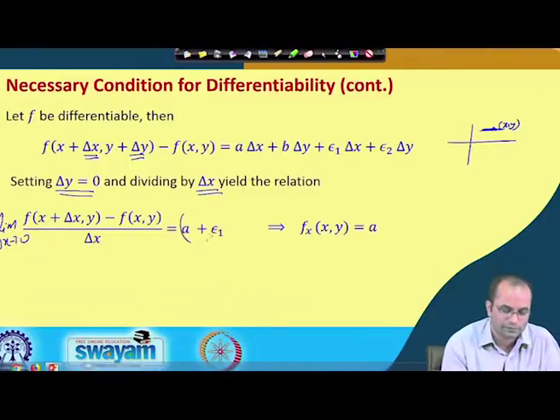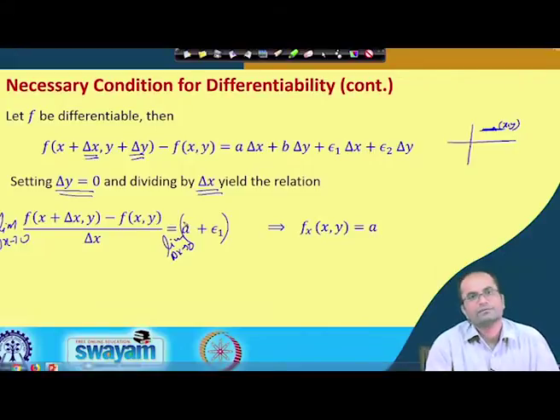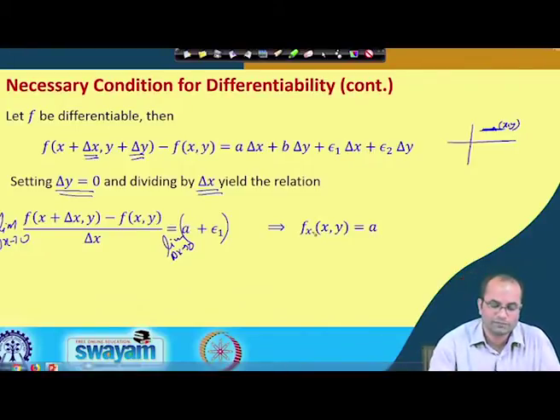Here a is independent of delta x and delta y, so this will remain as a, and this epsilon term will go to 0 as delta x goes to 0. So, we will get this relation that f_x at x, y is equal to a.